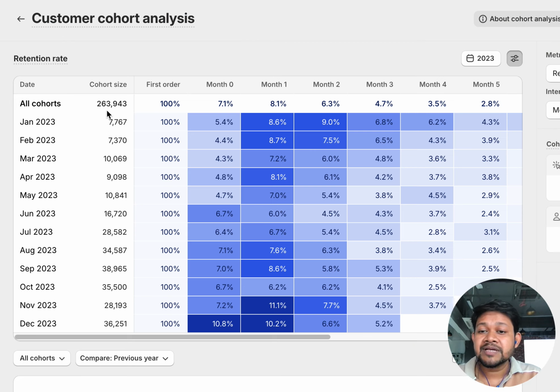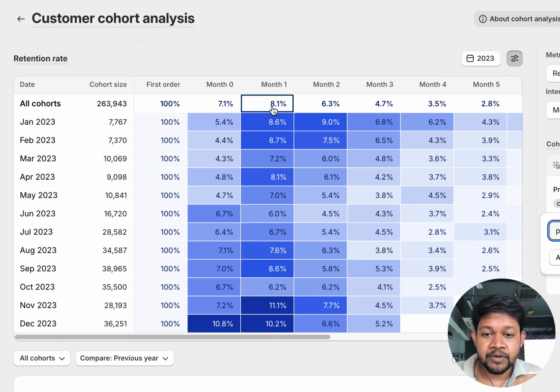Number two: what is my average retention rate month on month? As you can see, 7.1, 8.1, 6.3, 4.7. Remember these numbers. I'm going to use them to identify my good products and my bad products. I'm going to apply a filter and see how the value comes up for a particular product.